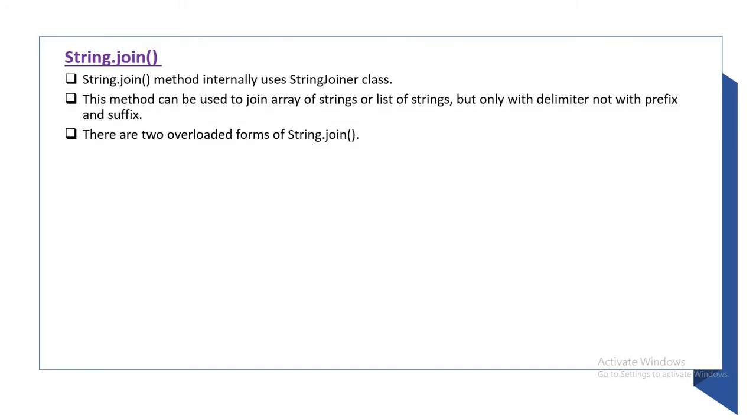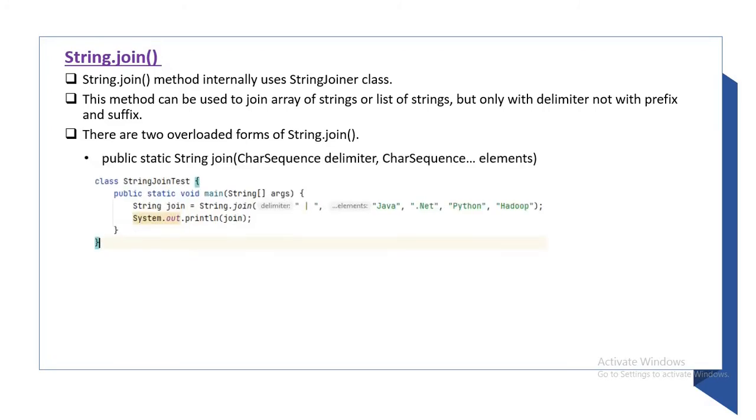The next part is String.join. What is String.join? The String.join method internally uses the StringJoiner class. This method can be used to join an array of strings or a list of strings, but only with the delimiter, not with the prefix and suffix. There are two overloaded forms of String.join. The first one is public static String join, where we can pass two parameters called delimiter and the elements.